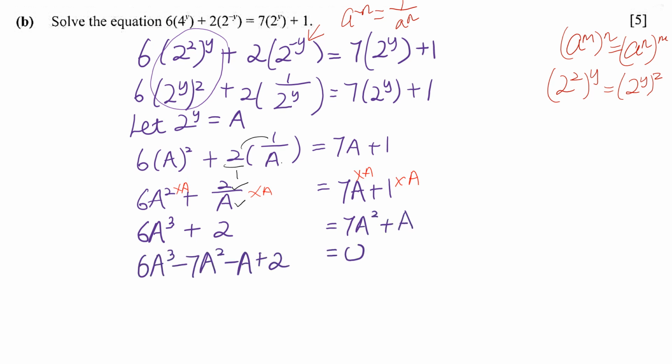And you'll see that it's actually the cubic polynomial that we were asked to factorize in part A. So therefore, I can write down the linear factors for your 6a cubed minus 7a squared minus a plus 2, which you have already done in part A.